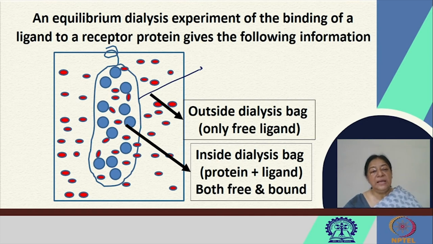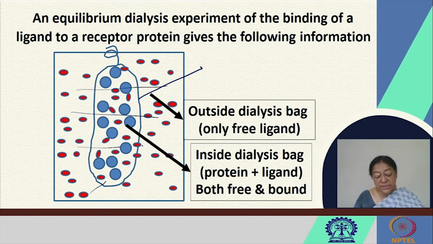So outside the dialysis bag, we only have free ligand, and the free ligand concentration outside the dialysis bag, we have to remember, is equivalent to the free ligand inside the bag, because the ligand does not see the bag at all and considers that we have an equal concentration of the free ligand throughout.